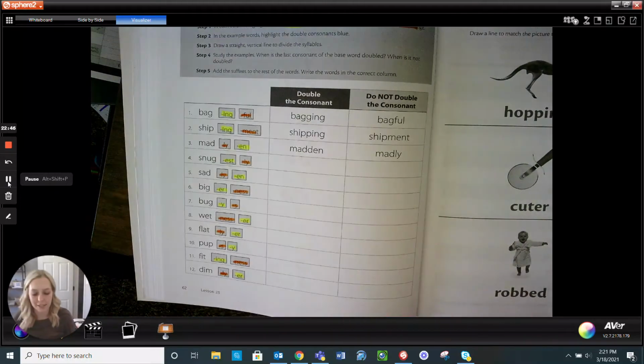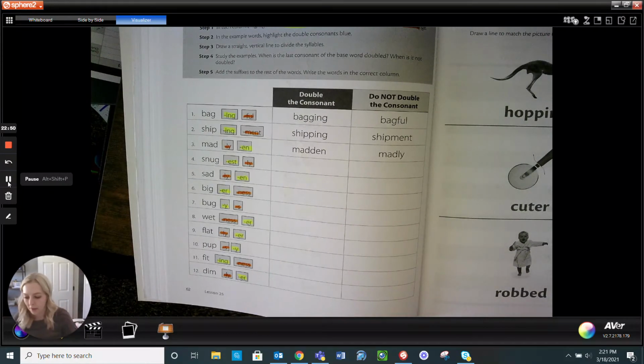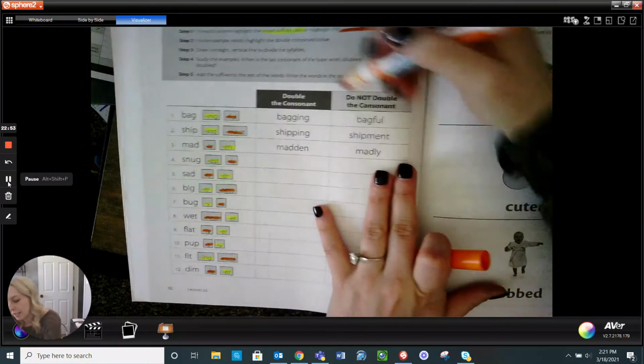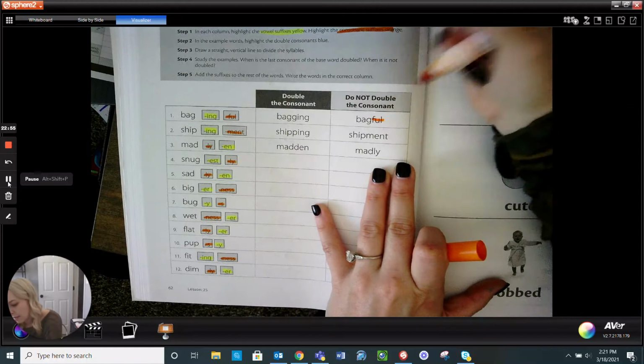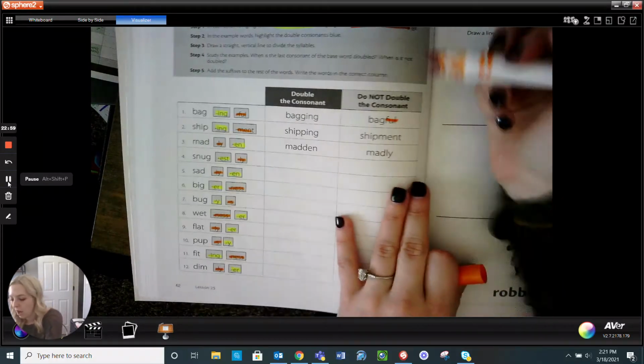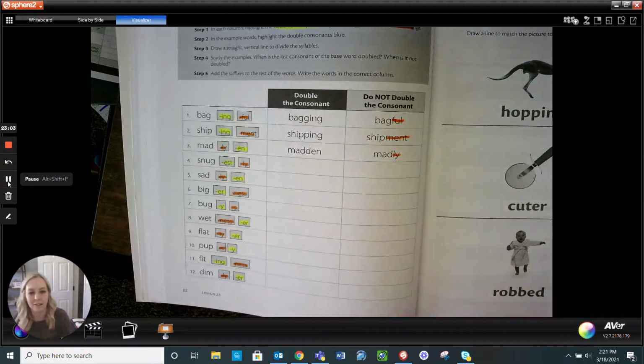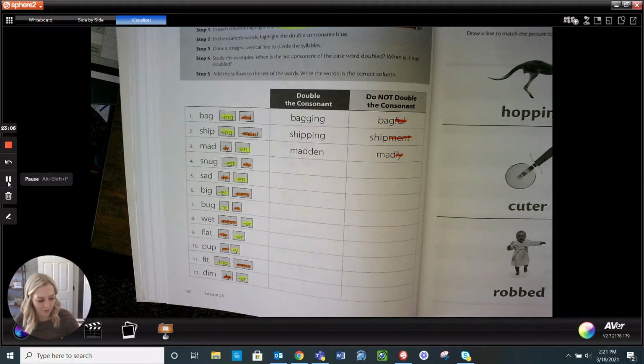Those are all our consonant ones. All right, step 2. But before I move on, I did notice that this has a consonant suffix, as does this one and this one, so I'm going to highlight those. Don't forget, we got to do those.